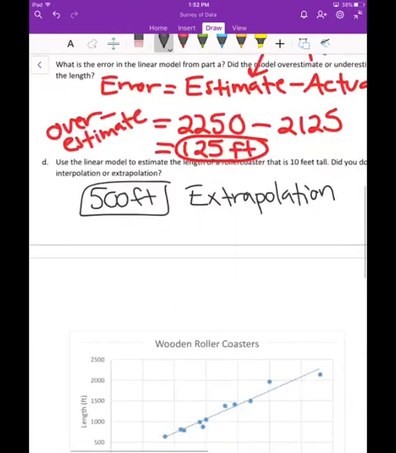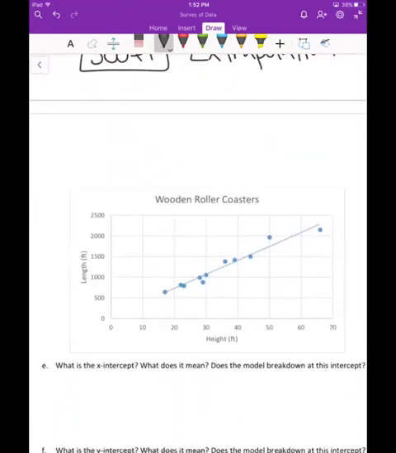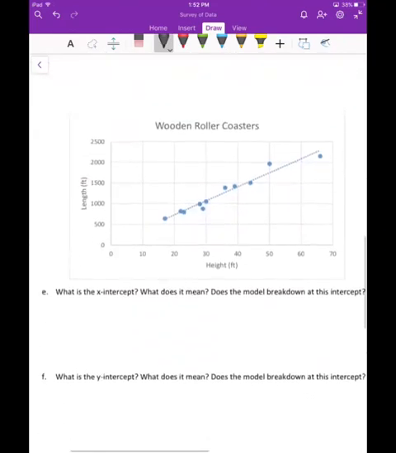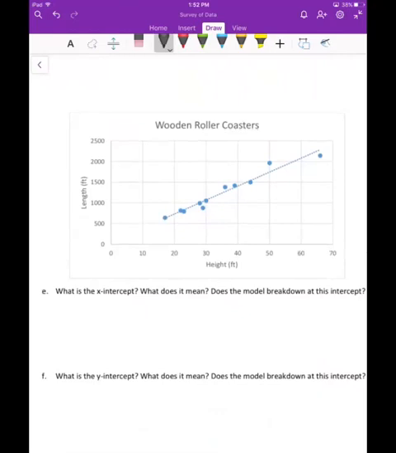The last thing I want to do is review what the x-intercepts and y-intercepts are. So remember, that's where we cross the x or y axis. So we're going to look to see where our line crosses the y axis or the x axis. So we again are going to extend that line and figure out where it crosses.